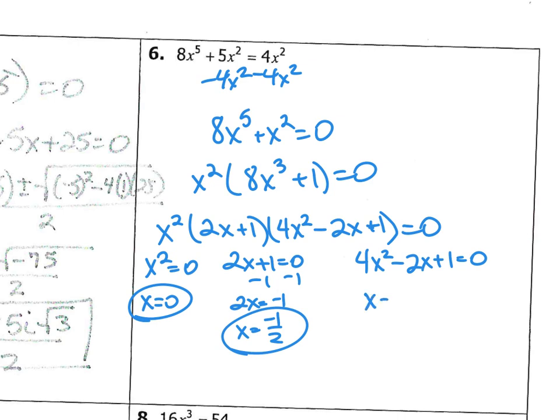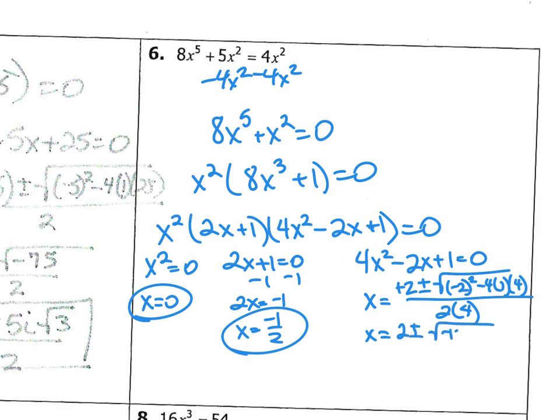So I'm going to write x equals negative b, so that becomes negative 2, so it's plus 2, plus or minus the square root of negative 2 squared minus 4 times 1 times 4. That's 4 times a times c, all over 2 times 4. So I'm going to have x equals 2 plus or minus, if I work all this out, it's 4 minus 16, so it's negative 12 over 8, which means this one's going to be imaginary.